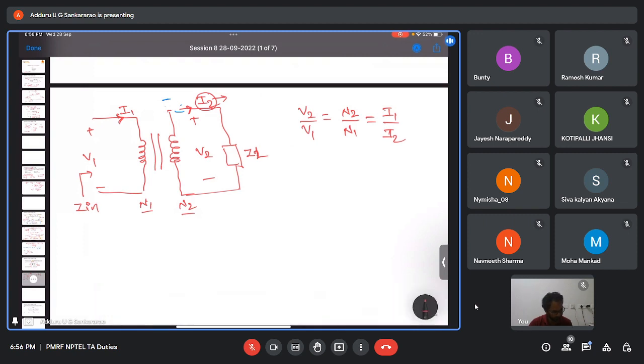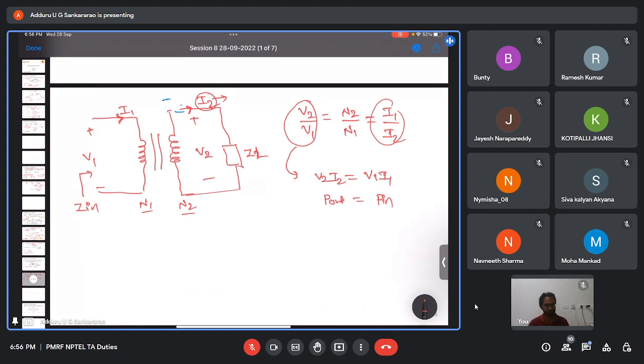Now from here we can get V2 I2 equal to V1 I1. Cross multiply these two: V2 I2 equal to V1 I1. This is output power equal to input power. So the power will not change in an ideal transformer.